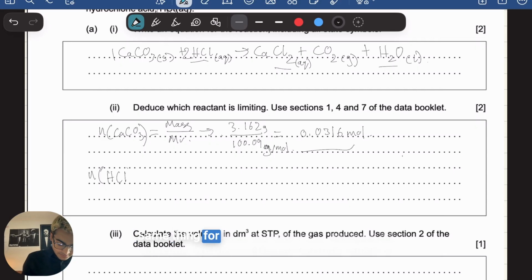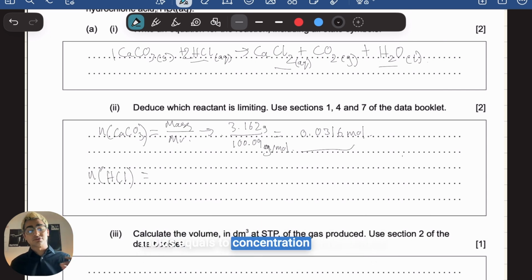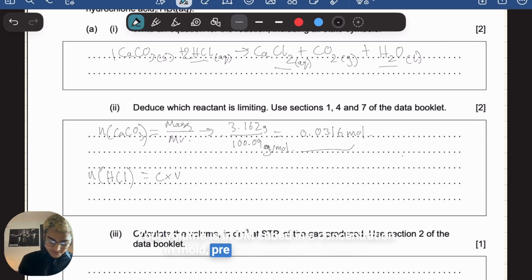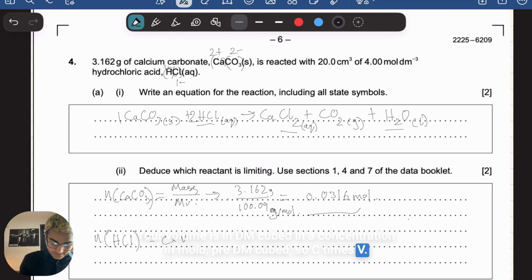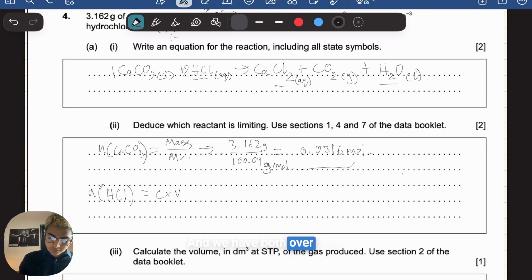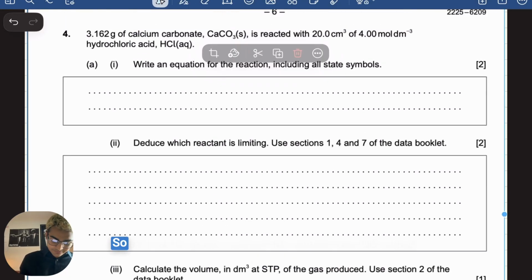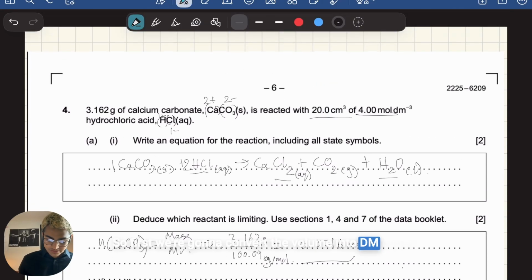Same thing for HCl. But with HCl, because it's aqueous, we use a different formula, which is moles equals concentration times volume. Your volume is in dm cubed and your concentration in mole per dm cubed. So C times V. And we have both over here. So first, we're going to convert the volume into dm cubed.